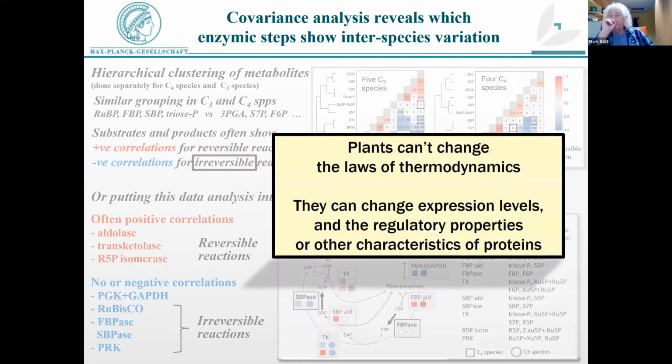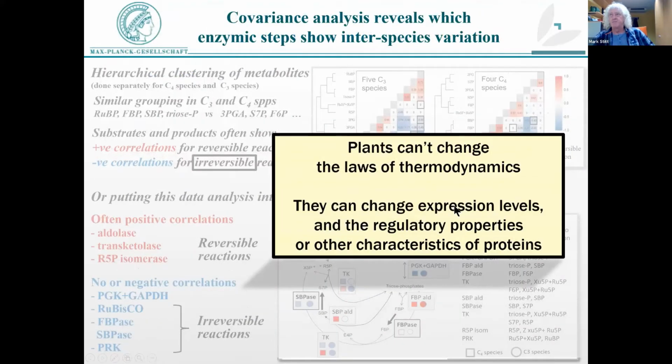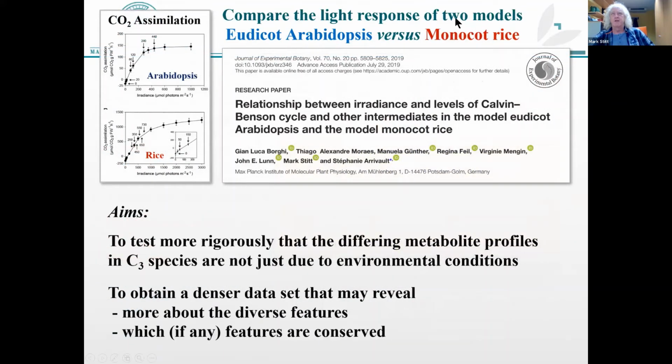So summarizing that, and this made me very happy, plants can't change the laws of thermodynamics, but they can change the rate, the balance between the irreversible reactions, as they can change expression levels or the regulatory properties or the characteristics of the proteins.